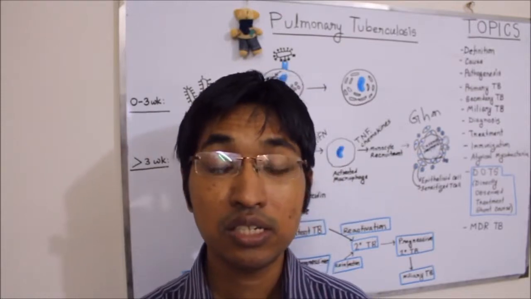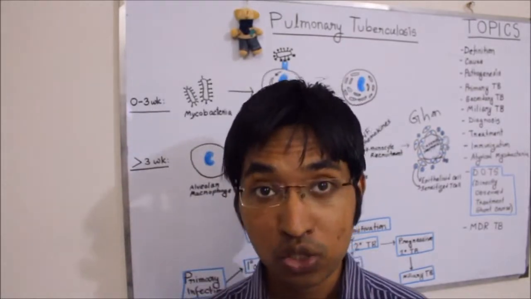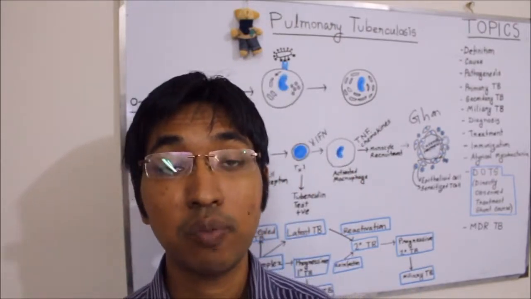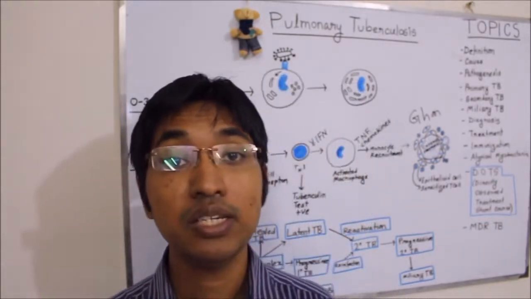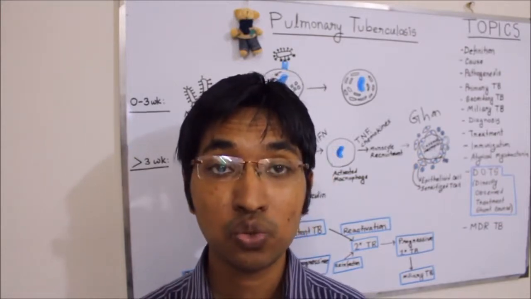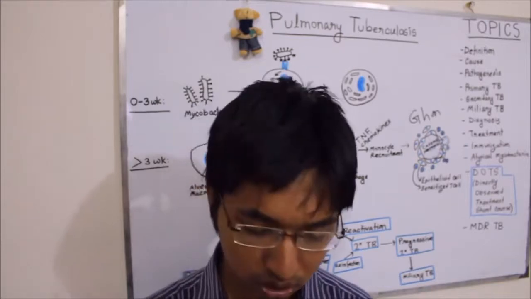The first one is the initial intensive phase, where our goal is to rapidly reduce the number of Mycobacterium tuberculosis in the patient. And the initial phase is followed by a continuation phase where we try to kill the remaining bacteria from our patient.